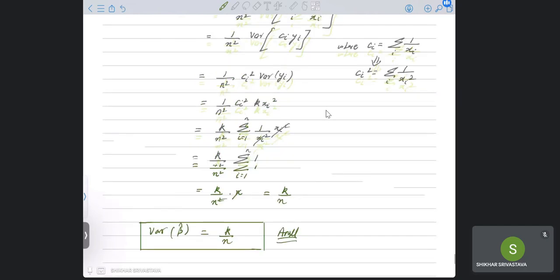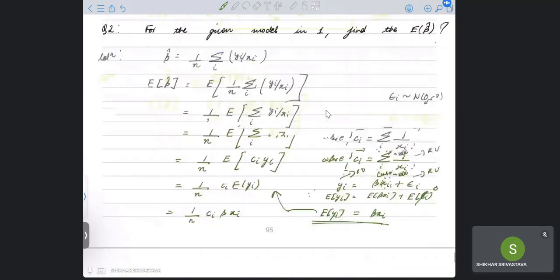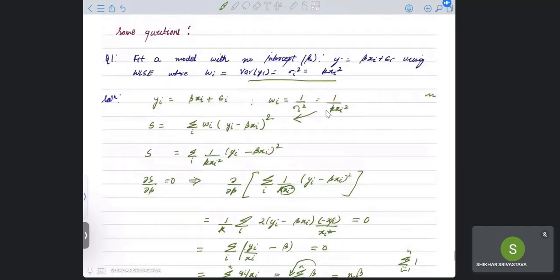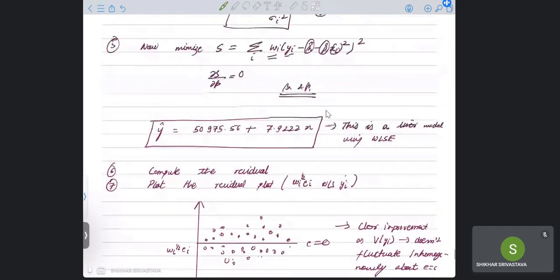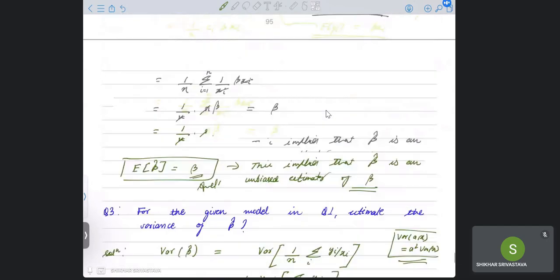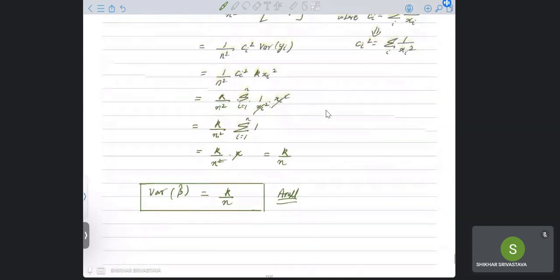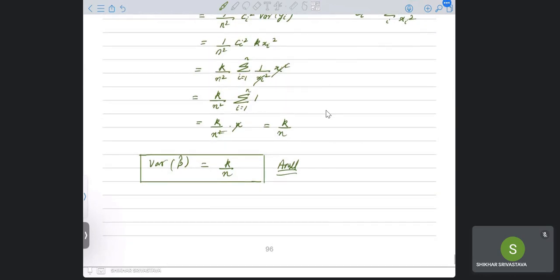Yeah, so this is how I've solved 3 questions from the assignments. They have asked a different question and then they ask you some more questions also, which I will just take. So let me see what the questions are which they asked.